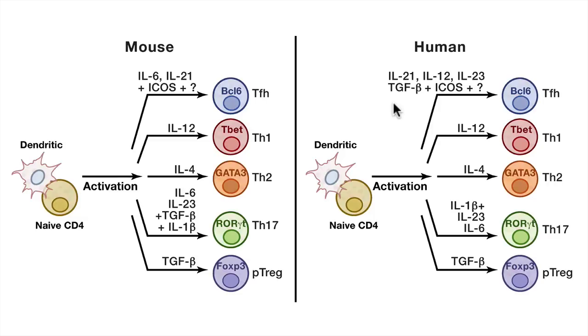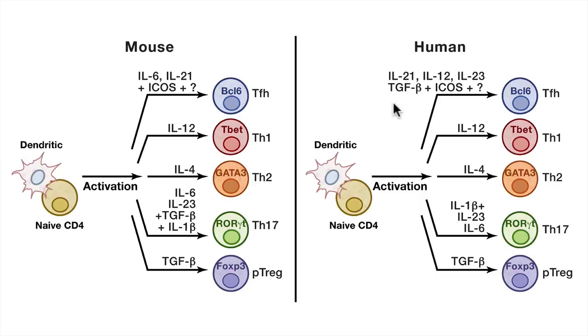And this is unexpected because, as I mentioned earlier, phenotypically, whether it be at the protein level or gene expression level, mouse and human and monkey TFH cell biology is very highly conserved.